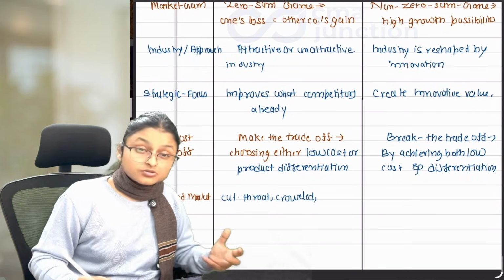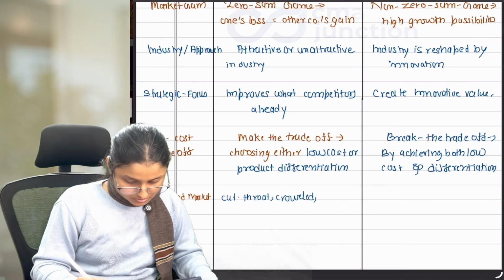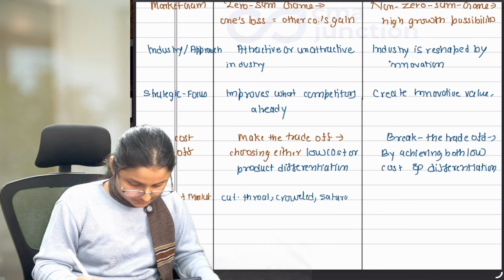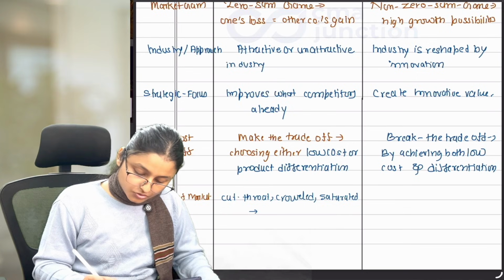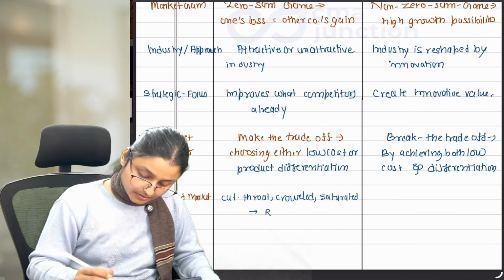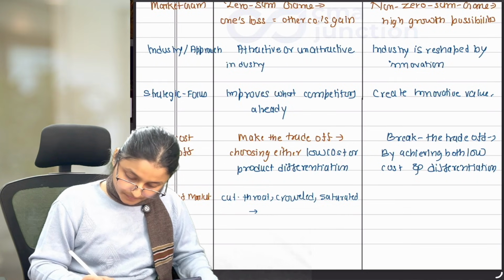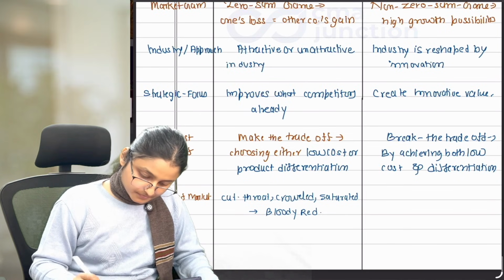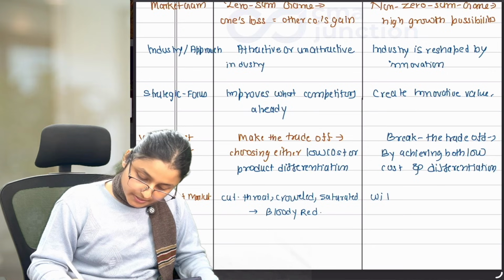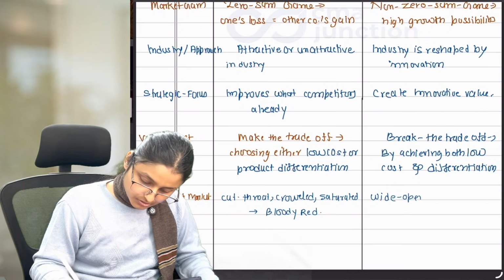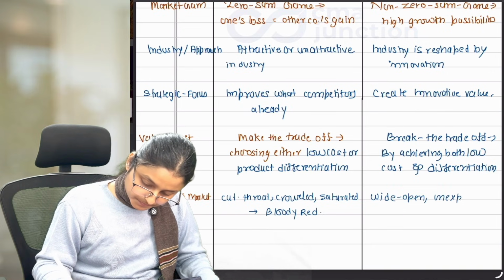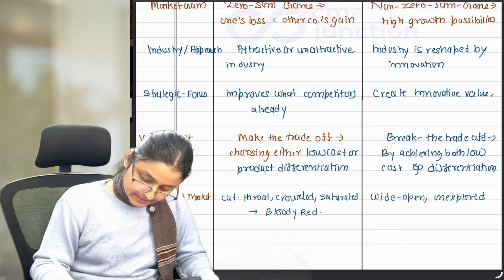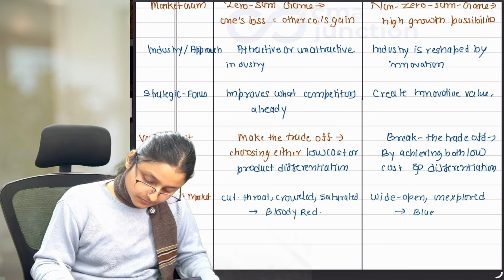That means growth is not happening as such. And hence it is known as bloody red. Here the market is wide open, unexplored. Hence it is known as blue ocean.